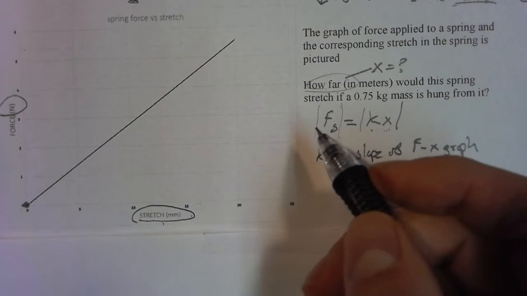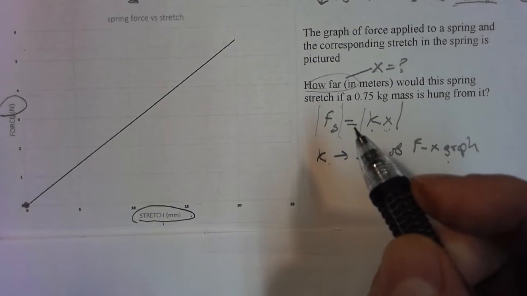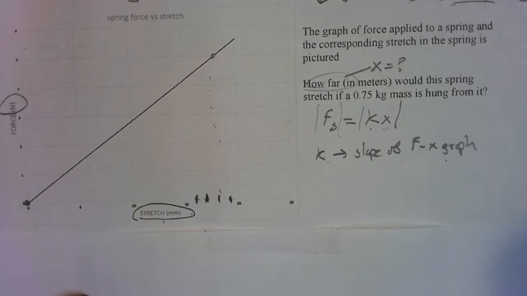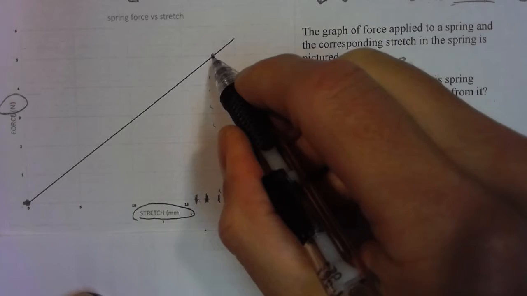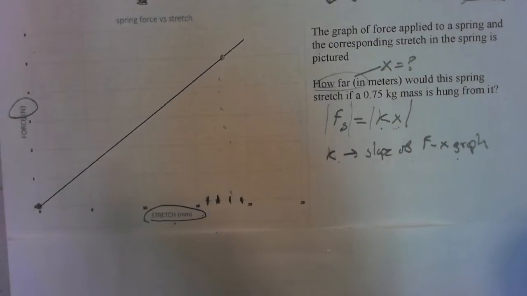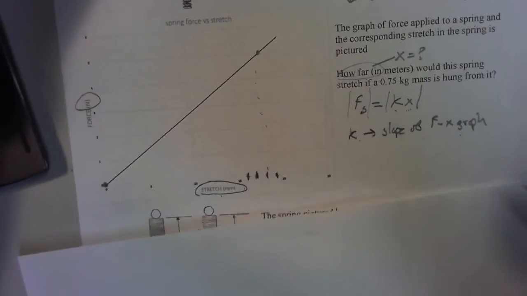Let's try to find something that intersects pretty well. All right, after looking at this carefully, it looks to me like right here I've got, let me zoom out a little bit.